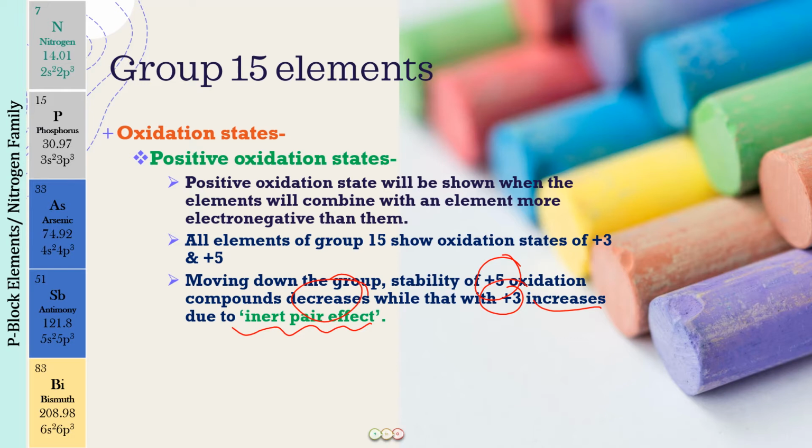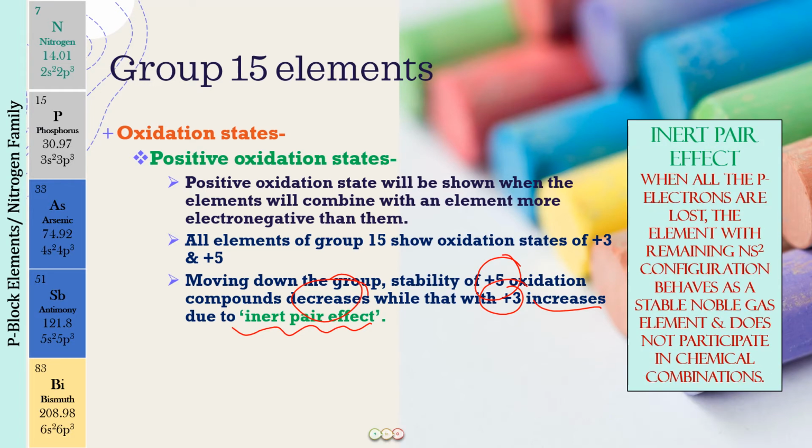We talked about it a little bit when I was telling you about the metallic properties for these elements, but now let us describe that in detail because it is important throughout your whole study of the p block elements. Okay, so first of all, what do we mean by the inert pair effect? Inert pair effect means that when all the p electrons are lost, the element is left with the ns2 configuration, right? And this ns2 configuration behaves as a stable noble gas configuration, and it does not participate in chemical combination.